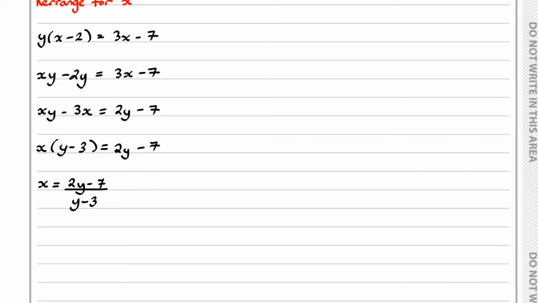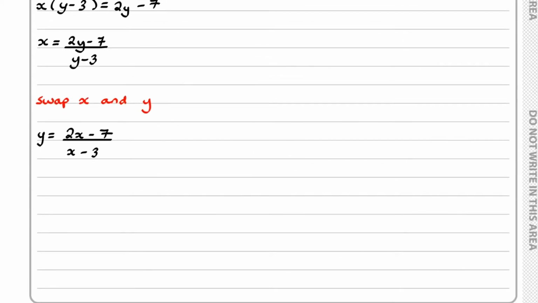Our next step would be to swap the x and y's. So if we do that, we have y equals 2x minus 7 over x minus 3. Okay?